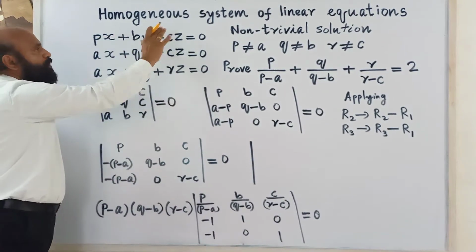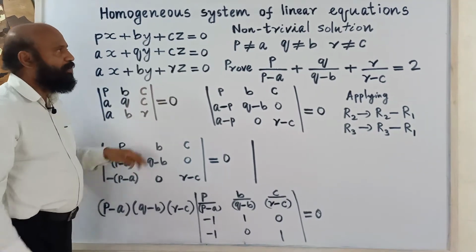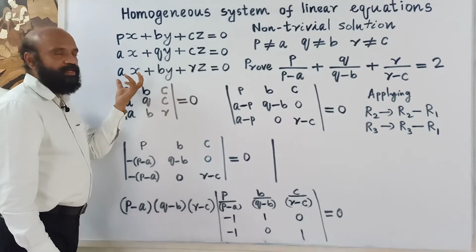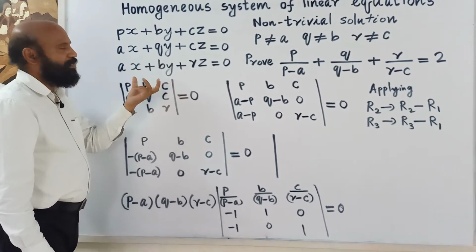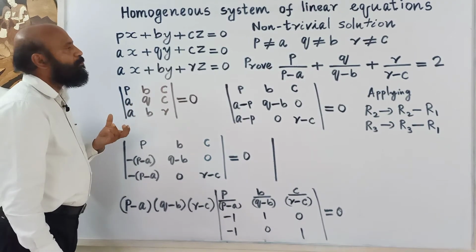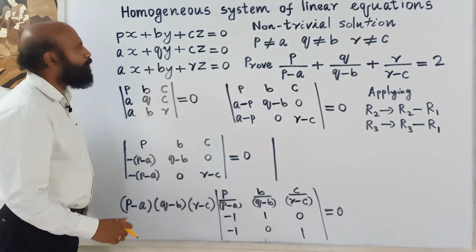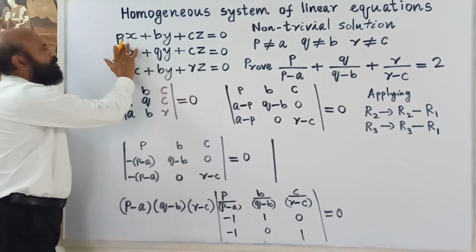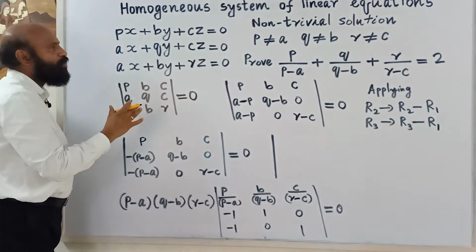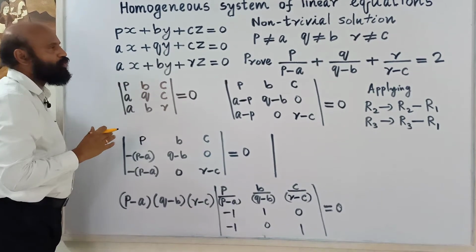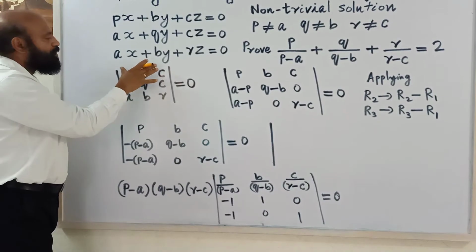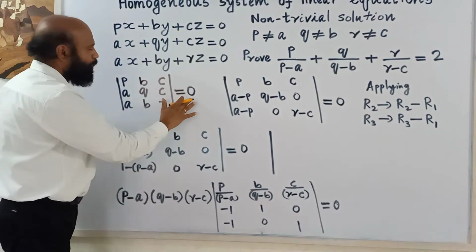If a homogeneous system of linear equations is to have a non-trivial solution, rank of the coefficient matrix should be equal to the rank of the augmented matrix, but it should be lesser than the number of unknowns. Here there are three unknowns x, y, z. So rank of the coefficient matrix should be lesser than 3. That means determinant of the coefficient matrix should be 0.